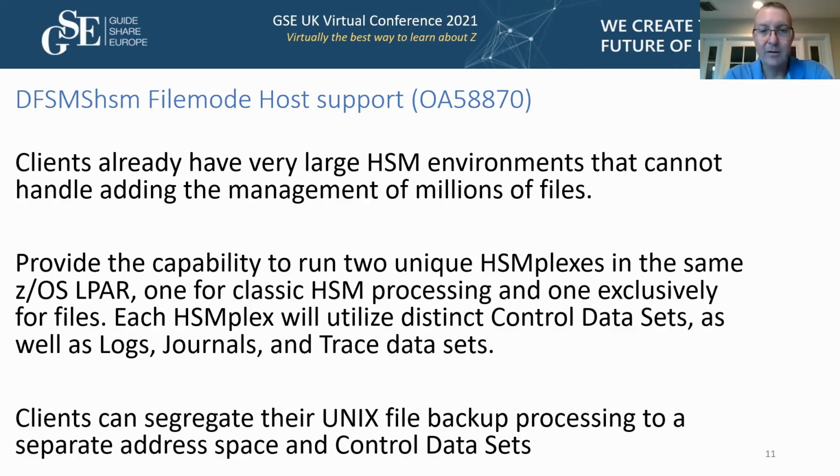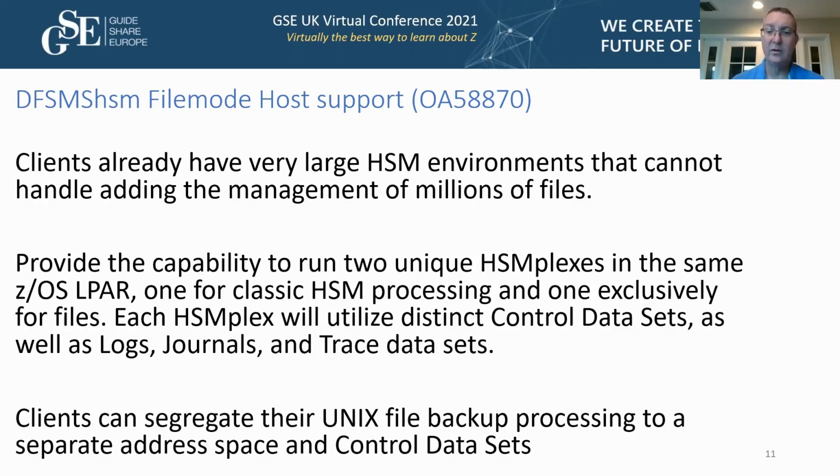So I shipped this support in OA58870 that lets you have two unique HSM plexes on the same z/OS LPAR. I named them, one is the classic HSM and the other is a file mode HSM. These have their own control data sets, and the logs and journals and trace data sets are all completely separate.